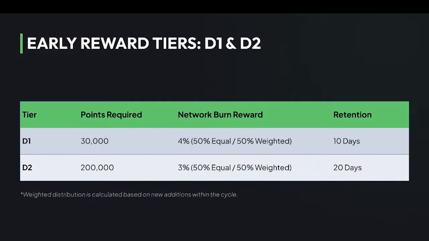To qualify for this tier, you need to accumulate 30,000 contribution points. At the designed ratio, this translates to $13,000 in qualified team burn value. Once you hit this threshold, you unlock a reward equal to 4% of the total network burn. It's very important to understand this: it is 4% of the global network burn, not just your own team.